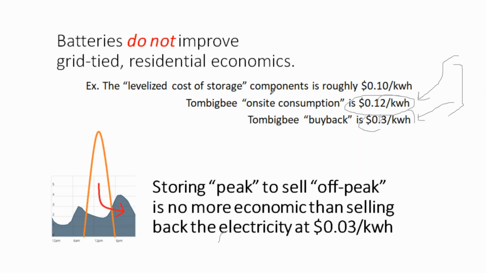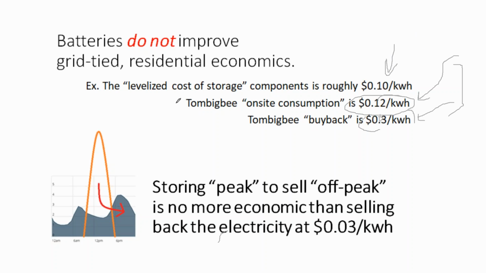Well, the problem is batteries cost money to use. You take the upfront cost of buying and installing a battery and you divide it by how many kilowatt hours can go in and then out of that battery over its total life, and you get to around a 10 cent a kilowatt hour cost of running the battery.